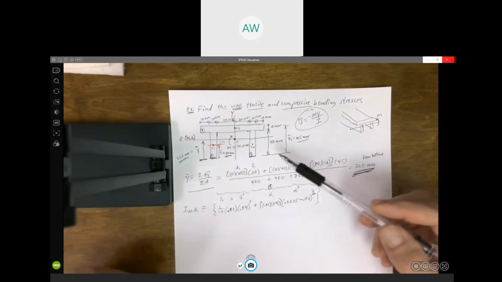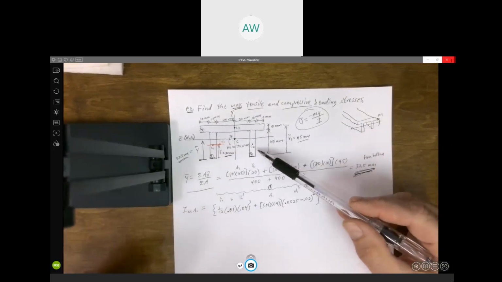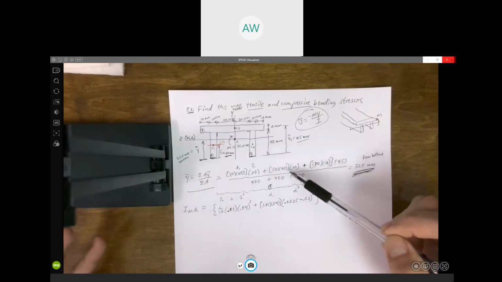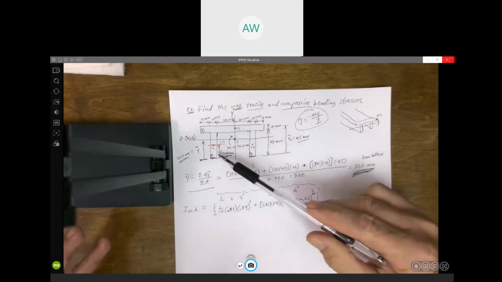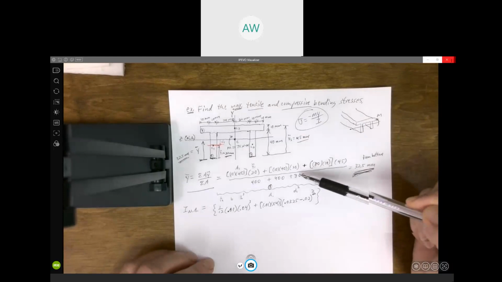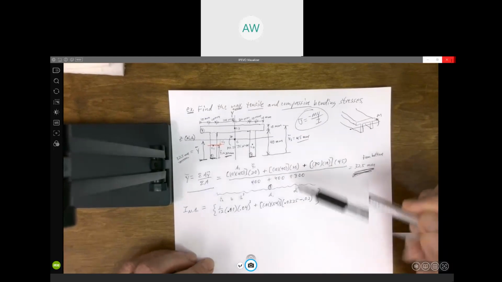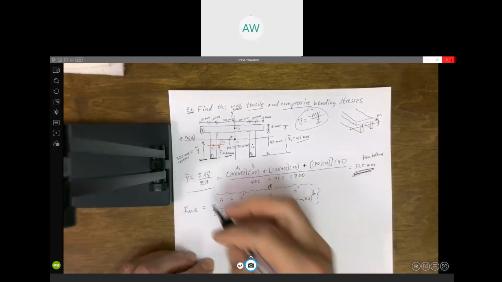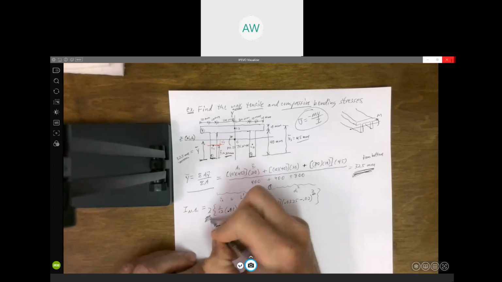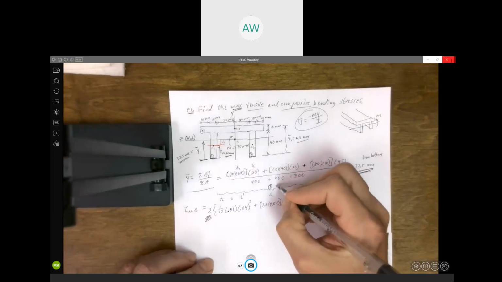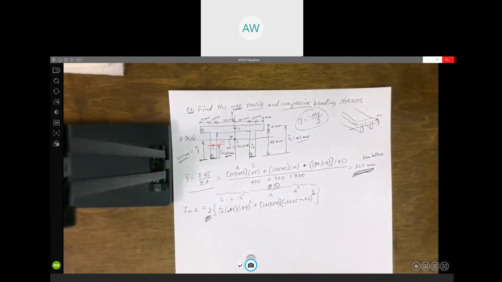When we go to area 2, just like we did up here with the centroid, it's identical to area 1. I'm not going to rewrite all that; we're just going to do 2 times that. Could you explain the D in that equation again, please? It's the distance from the neutral axis, the axis we're calculating the moment of inertia about, to the centroid of that area.